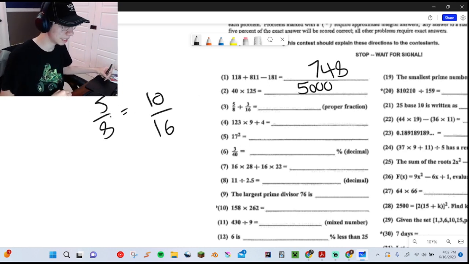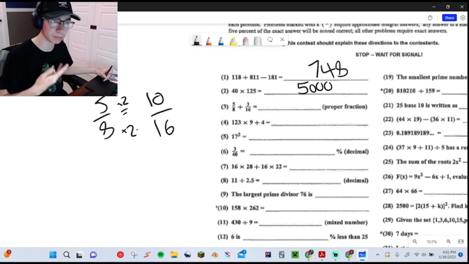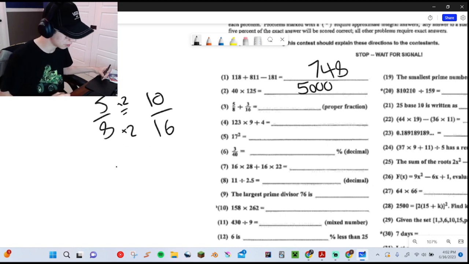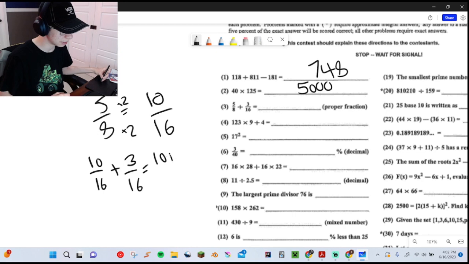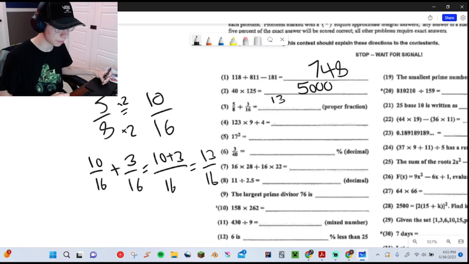So if I say 5/8 is 10/16, which it is the same, I'm just doubling the top, doubling the bottom, still the same number, then I can say I have 10/16 plus 3/16, which is just 10 plus 3 over 16. That's 13 over 16, which is our answer.